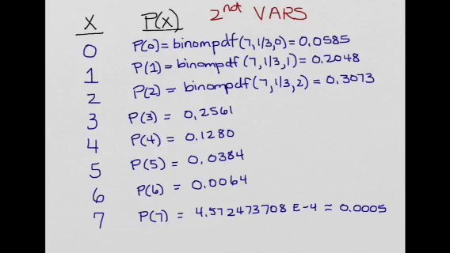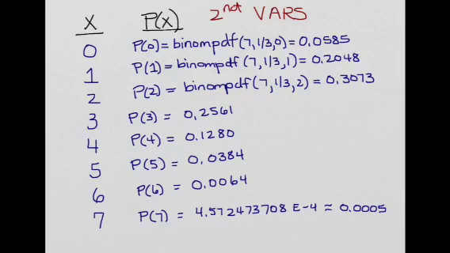So it's much more likely that we would have one success than none at all. Then we find the probability of exactly 2 successes, and we use the PDF function again, 7, 1/3, 2, and we get 0.3073.